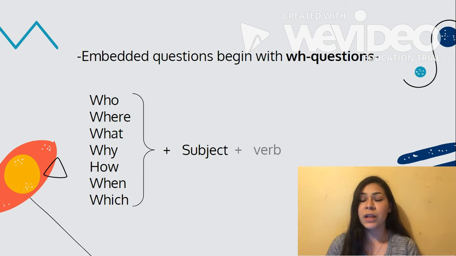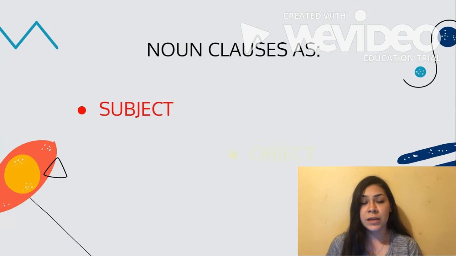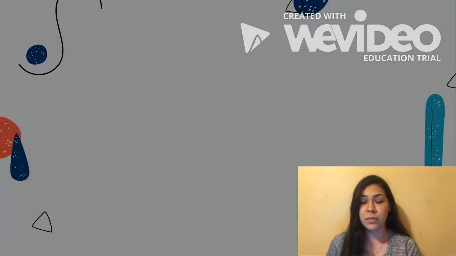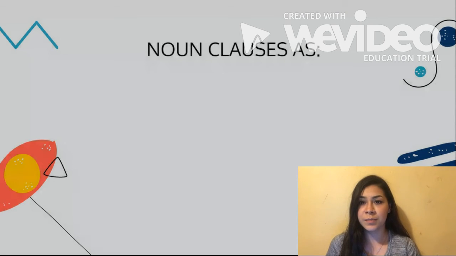Also, as well as these WH questions, we can use the words that, whatever, whether, whichever, whoever, and whomever. You can easily recognize the noun clauses if you see one of these words. It doesn't matter which one it is, you can easily recognize them.